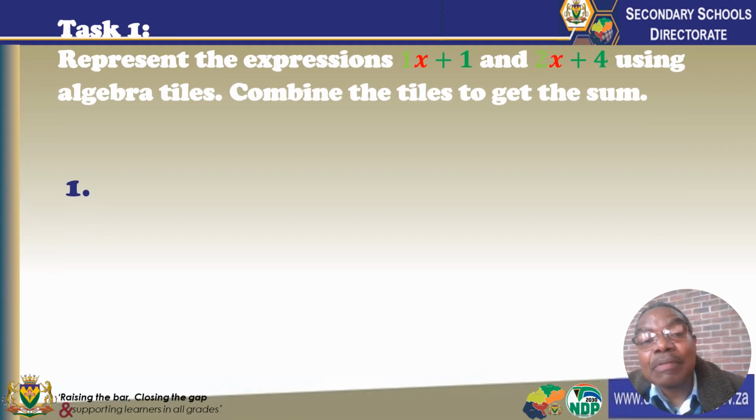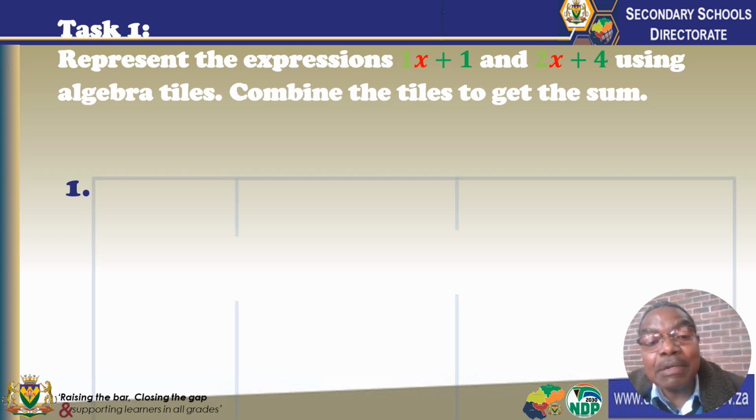Represent the expressions x plus 1 and 2x plus 4 using algebraic tiles. Then at the end, we combine the tiles to get the sum. So in short, I want to add the two to see what my result will be. First, I'm going to represent x plus 1.